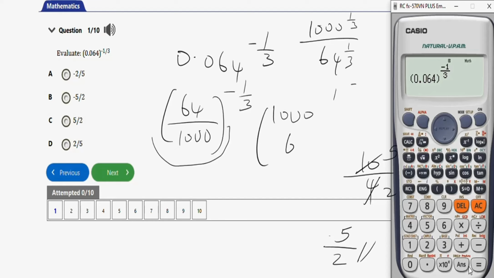So that's what we have there. Press equal to, you see 5/2, option C. So the reason I showed how you can solve it manually is in case it happens to come out in theory, you will be able to deal with it.